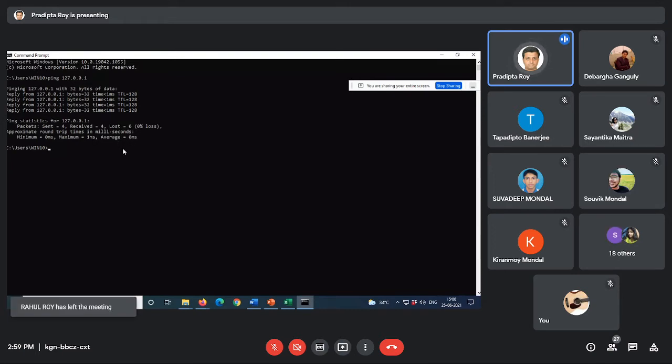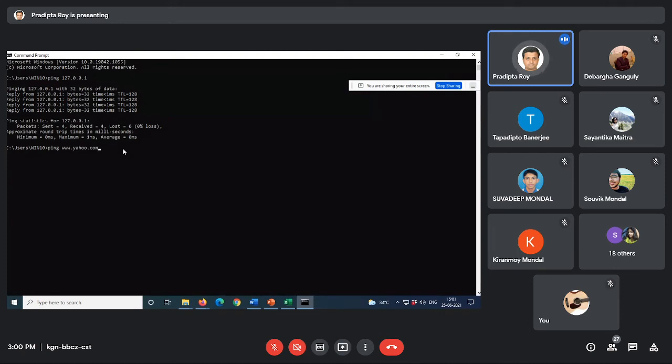Okay, but if I want to ping some other devices, suppose my system is connected to the internet, so I'm trying to ping Yahoo server. I don't know the exact IP address of the Yahoo server. So instead of giving the IP address, I will give its domain name, yahoo.com.